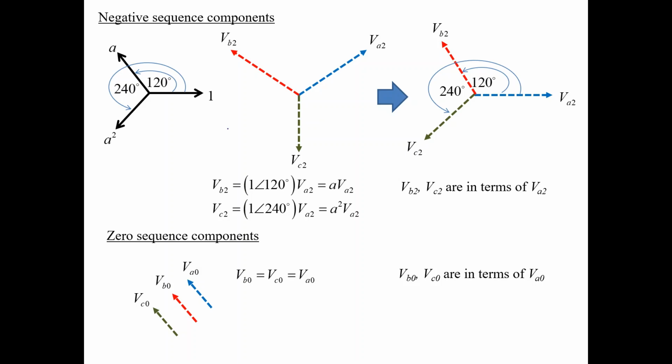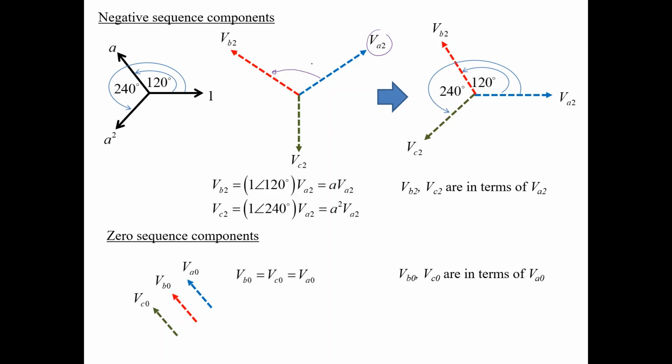Now let us continue with the negative sequence. With negative sequence, it looks like this. If you want to get VB from VA, you just rotate once by the A operator. So VB is just A times VA.